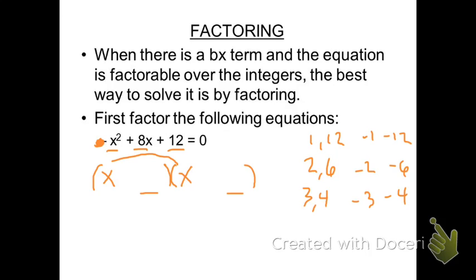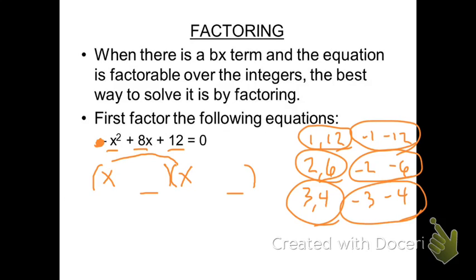Now the reason why it's called guess and check is that you have to figure out which one works. So pretty much you're plugging those numbers back in, multiplying out those 2 binomials, and seeing what will give you x squared plus 8x plus 12. Now there is a little shortcut. If you wrote out all your possibilities correctly, we got 6 here, then you look for the one that will add up to give you the middle term, or the b term, which is 8.